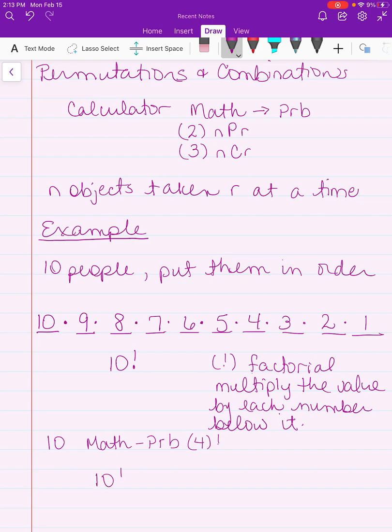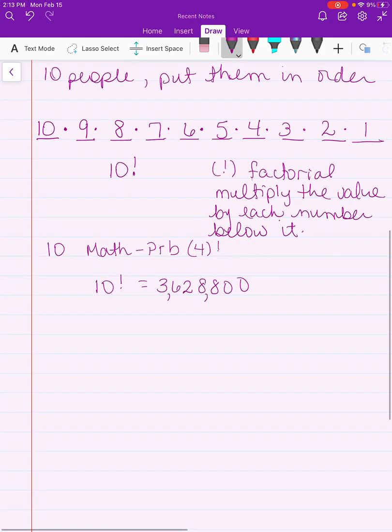So 10 factorial would equal 3,628,800. So there are 3,628,800 different ways to arrange 10 people.